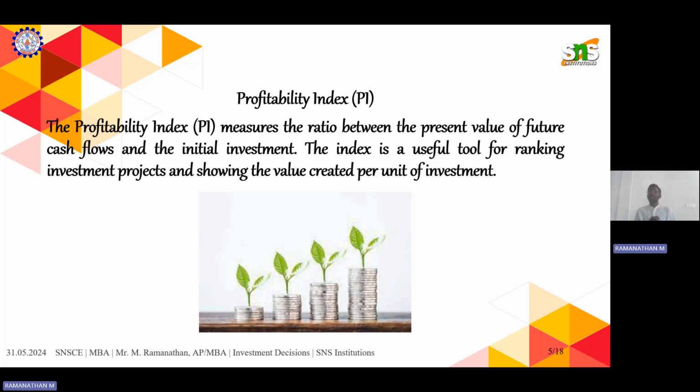If I am running my business for 10 years and I get 1 crore, and my investment amount is 10 lakh, then 10 lakh is my investment and 1 crore is the revenue or profit I get out of it. So 1 crore divided by 10 lakh will be my profitability index. That is how many times I am getting back my investment amount.